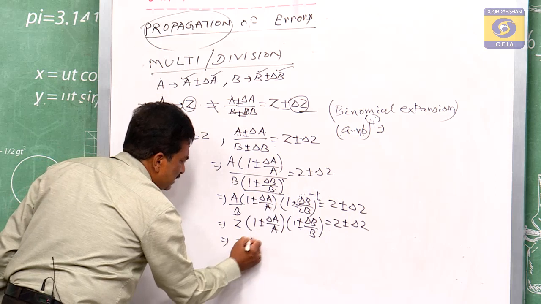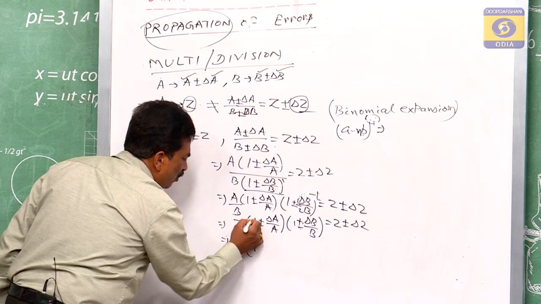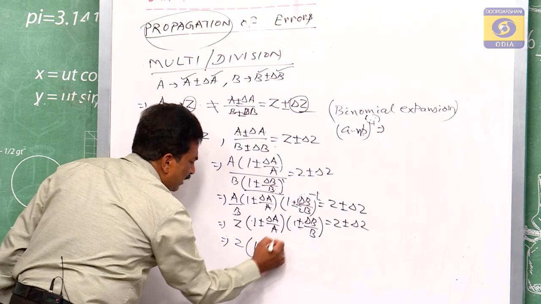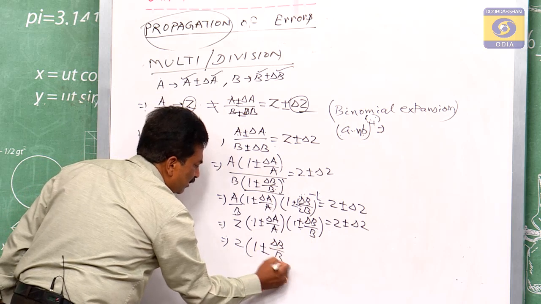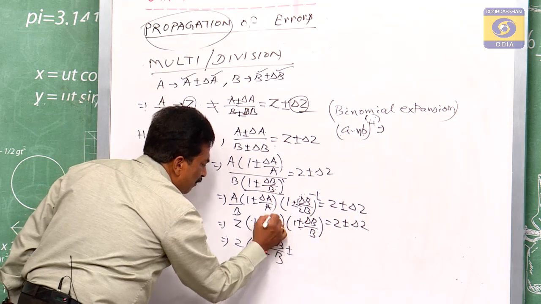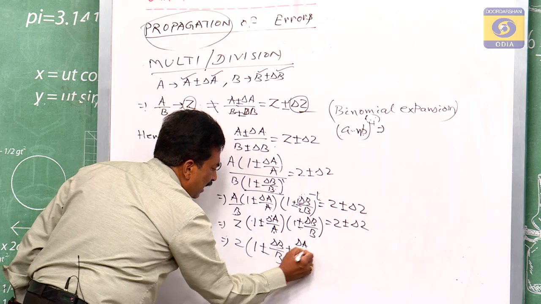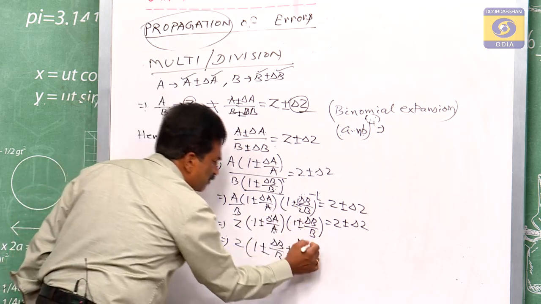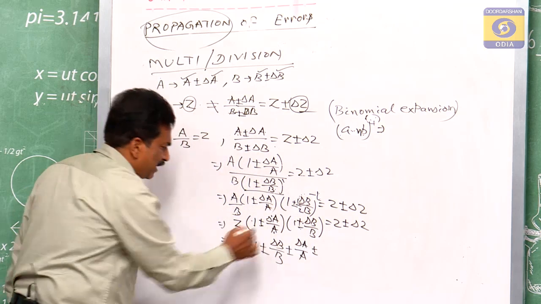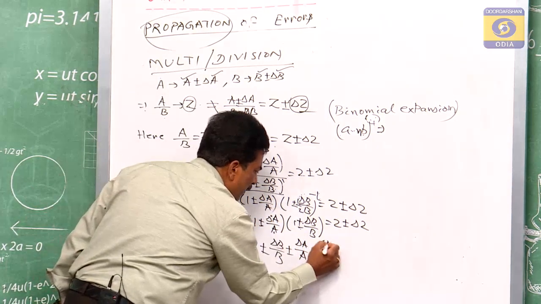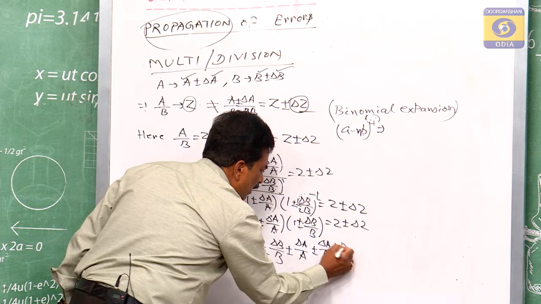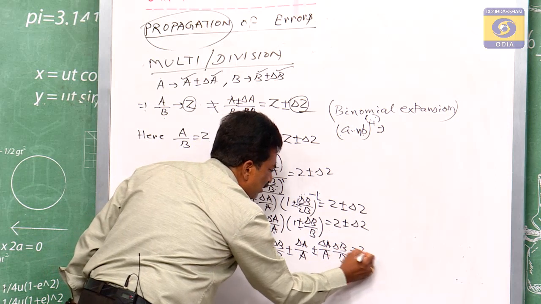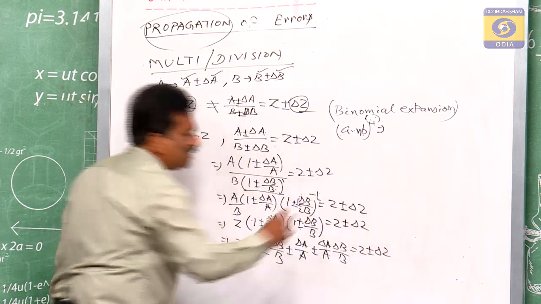Now multiply z. If we multiply these two, 1 with 1 plus or minus del b by b, these two be multiplied, plus or minus del a by a into 1, that is the same thing. This plus minus, this plus minus, again it is plus minus del a by a into del b by b is equal to z plus or minus del z.